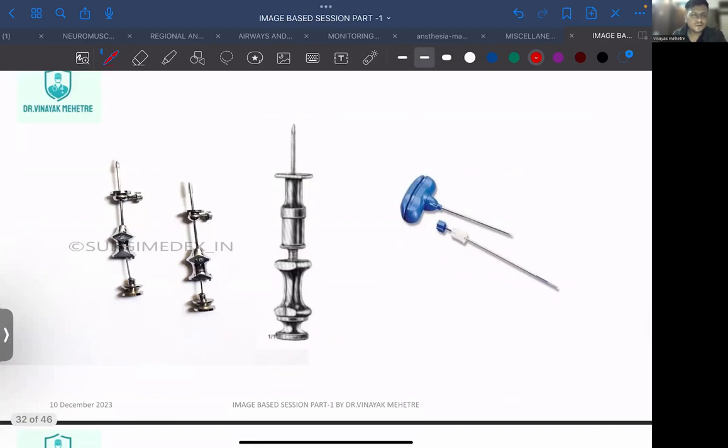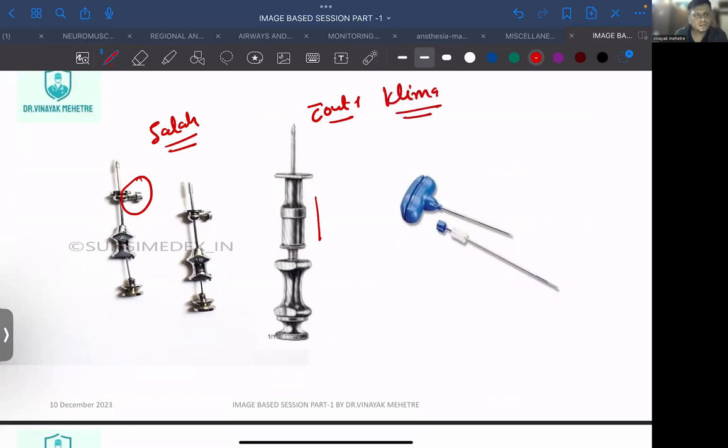Then come bone marrow aspiration needles or bone marrow biopsy needles. Take a look over here. If the needle is present with a screw, it is called Salah. Do you see a screw anywhere here? No. So without a screw is Klima.